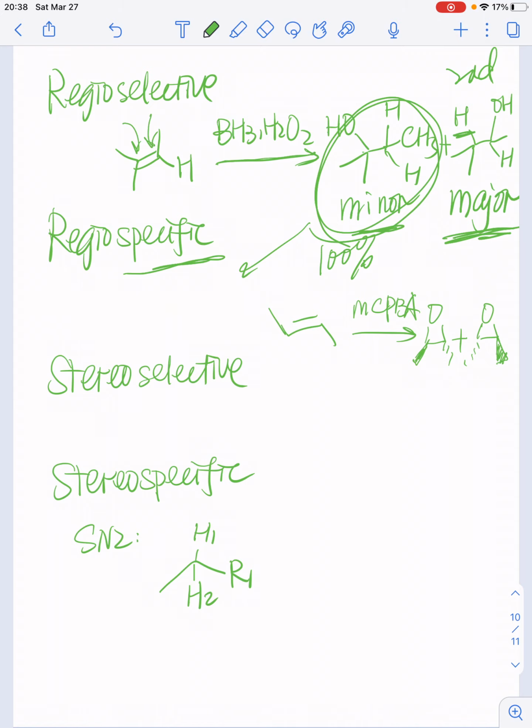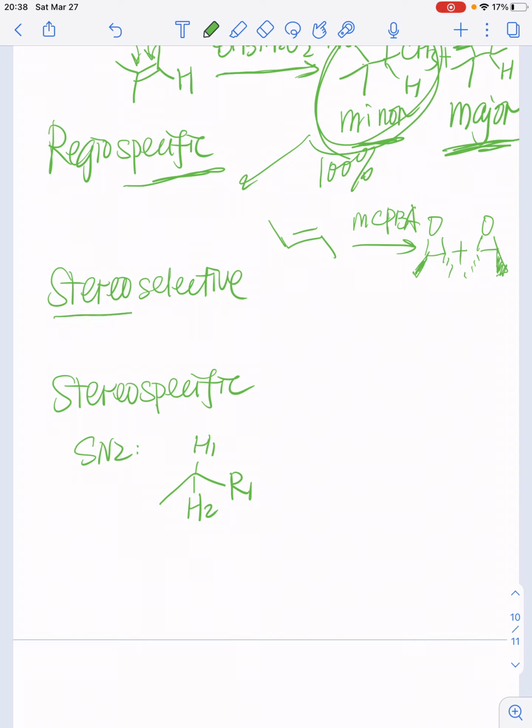Then we'll talk about stereoselectivity and stereospecificity. We know pretty well that an alkene can be oxidized using MCPBA, forming a three-membered ring, an epoxide. In theory, you're going to get a 50 to 50 ratio of the stereoisomers. Is this reaction stereoselective? No, because you're creating a 1-to-1 ratio, which means it's not selective.